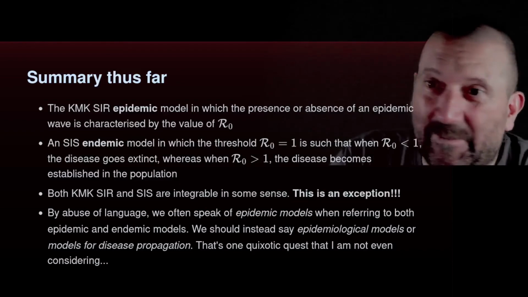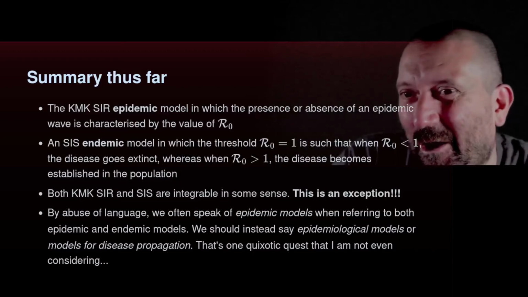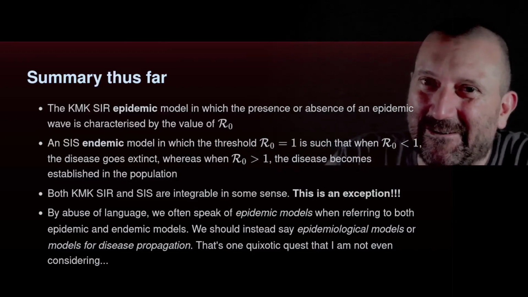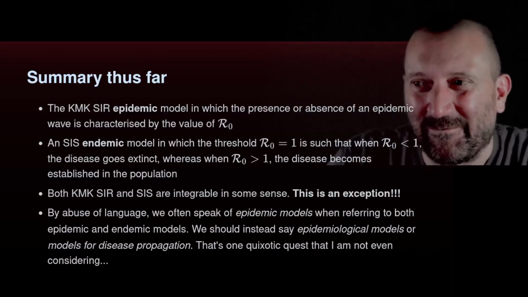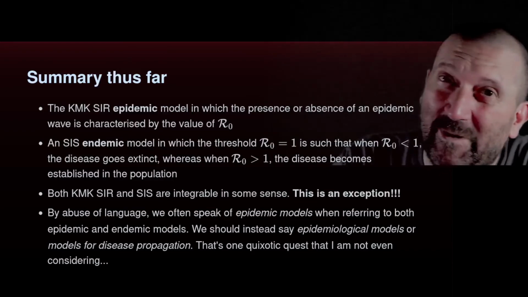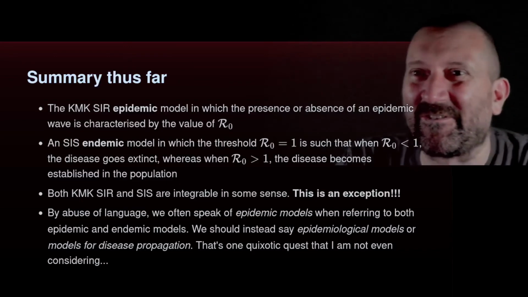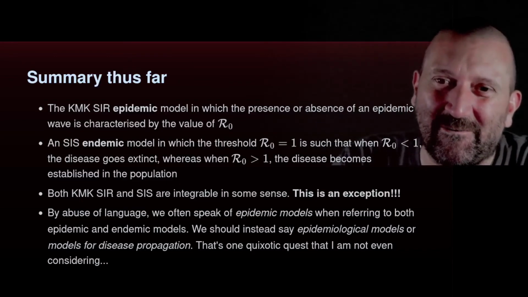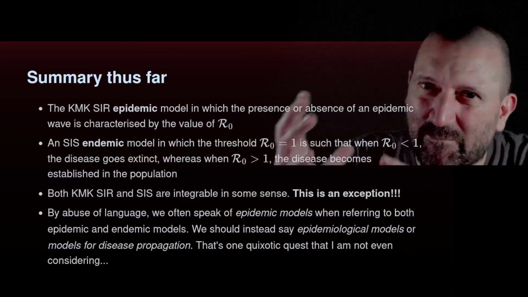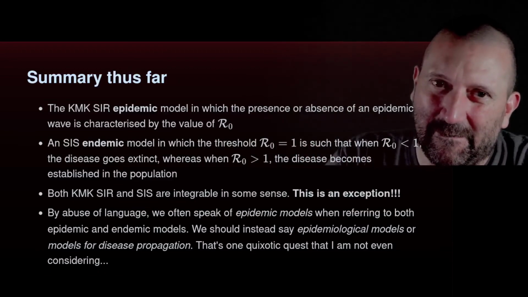And I'll point out that, and I'm guilty of the same here, we often speak of epidemic models when referring to whatever type of model we've written. And we shouldn't be doing this. When you see that discussion I was just making, we should be talking about epidemiological models or endemic models or epidemic models. We should make the distinction between epidemic and endemic because they represent very, very, very different situations.